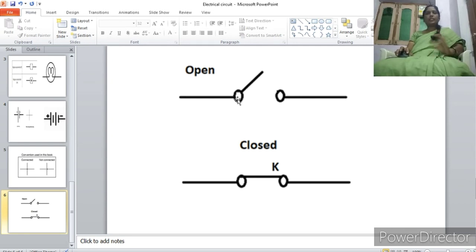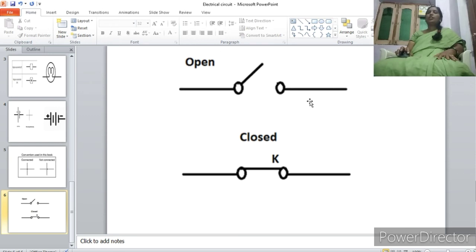When the circuit is not completed, the bulb will not glow at all. So when you are showing the switch is off, you need to show like this. One line should go above. In this open condition, the bulb will not glow.